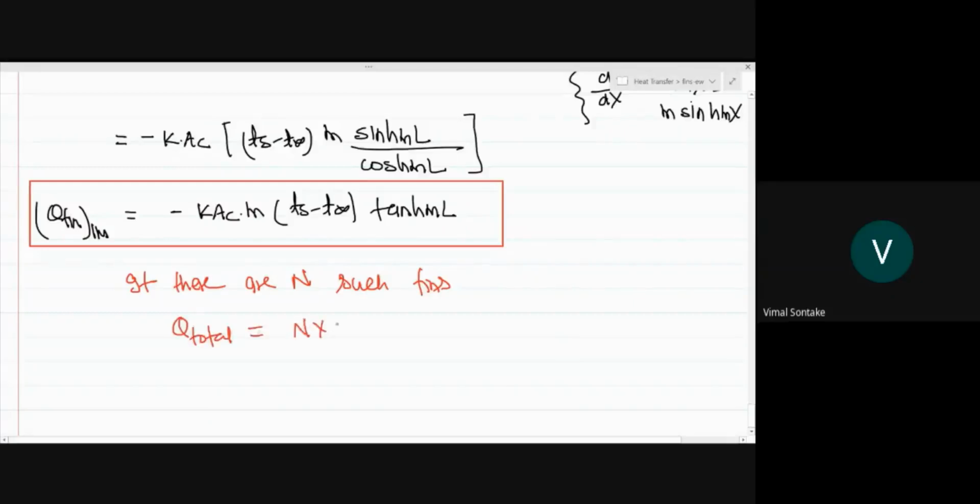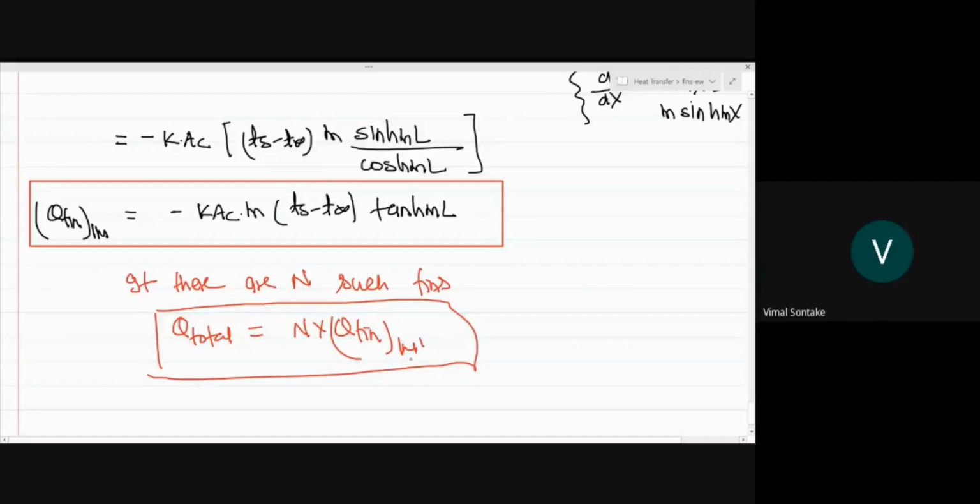N into Q fin, insulated. This way. This formula is also given in the data book. Correct. So this way I could derive the expression for temperature variation along the length of the fin in the x direction for fin insulated at the tip, and the rate of heat transfer from such a fin.